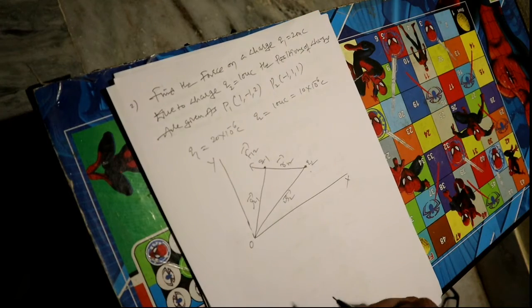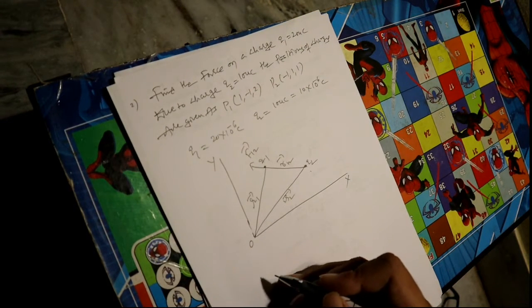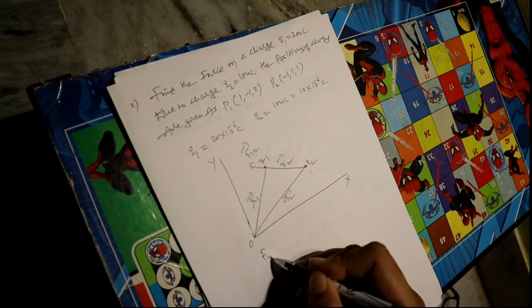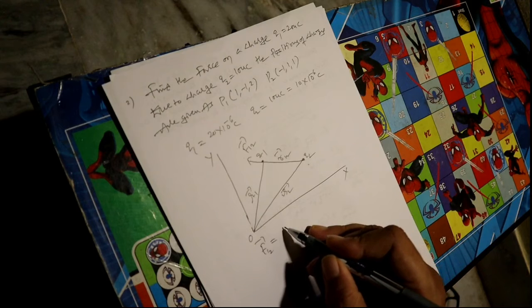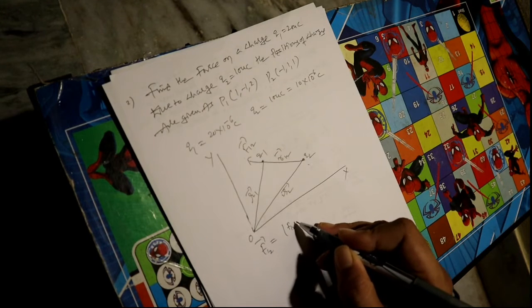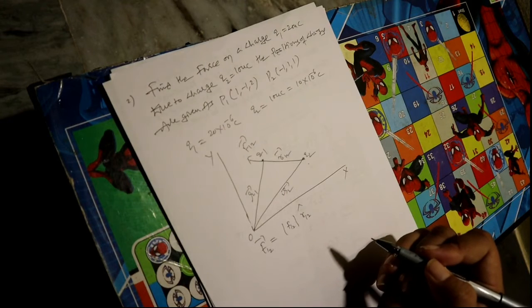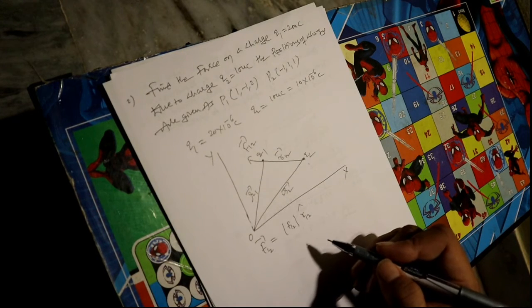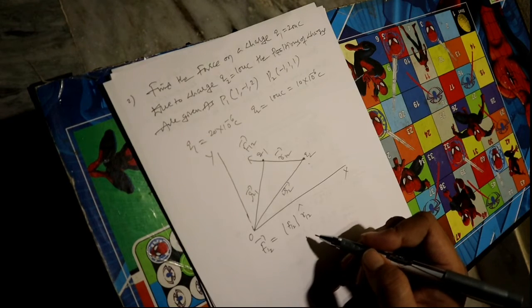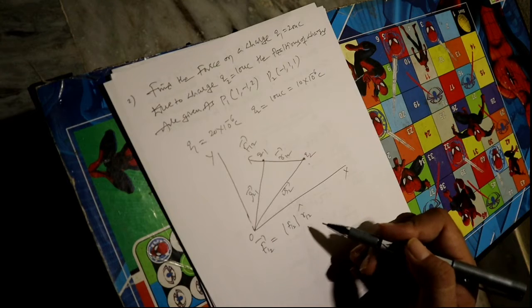Now we already discussed Coulomb's law in vector form. That means F12 bar is equal to mod F12 into R12 cap. This is the vector form of Coulomb's law. Both R12 and F12 are in the same direction, so their unit vectors are the same.